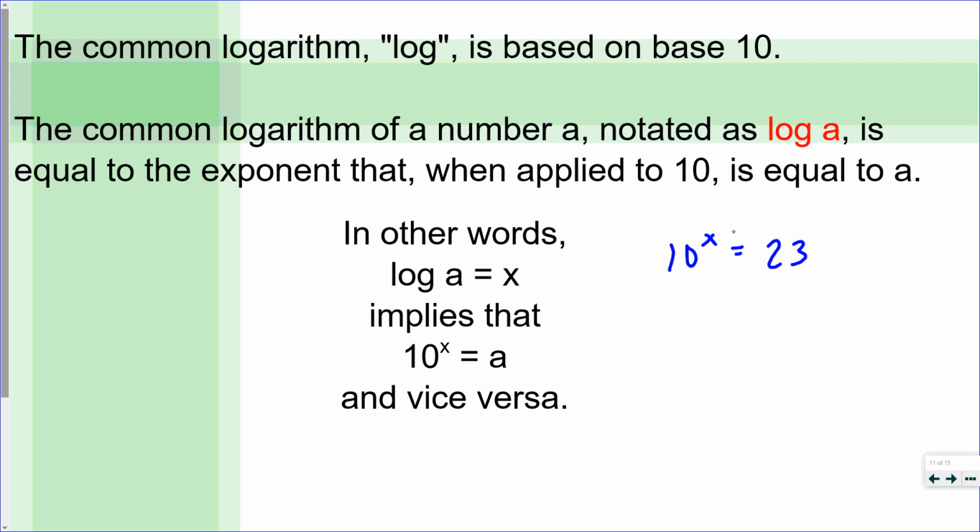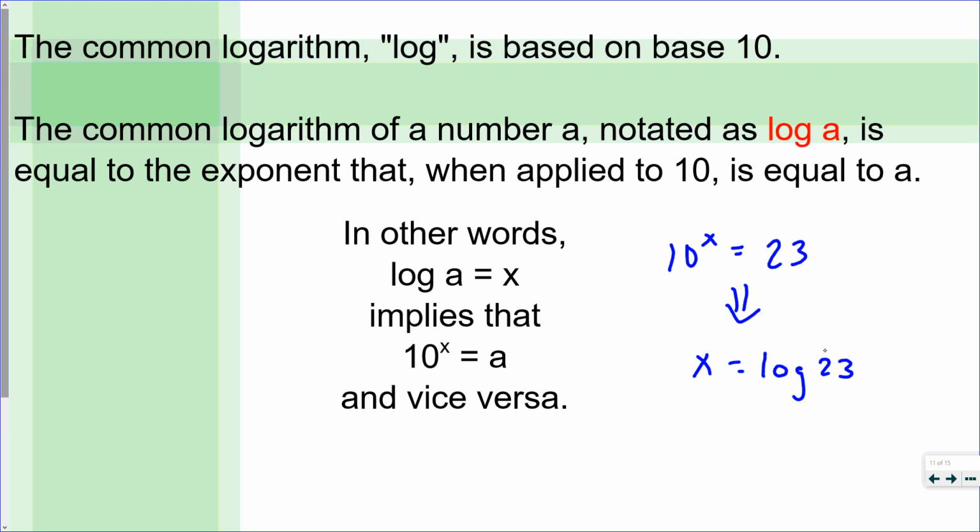So what a logarithm does is it implies that x is equal to the logarithm of 23. So that's the definition. Now, that doesn't exactly tell us what that number actually is, but we're going to call it the logarithm of 23. And that's the number that 10 raised to such power equals 23.